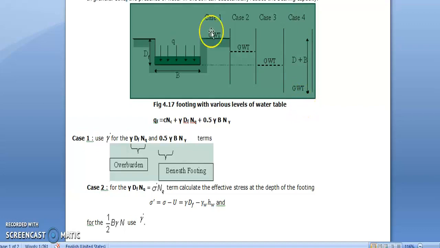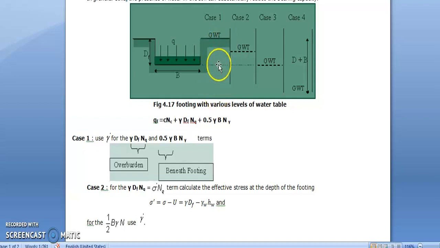Now the first case: the groundwater table is at the ground level. So what happens to the soil above the foundation level? If the water table is right on top, obviously it is submerged. What happens to the soil below the foundation level? That also is going to be submerged.